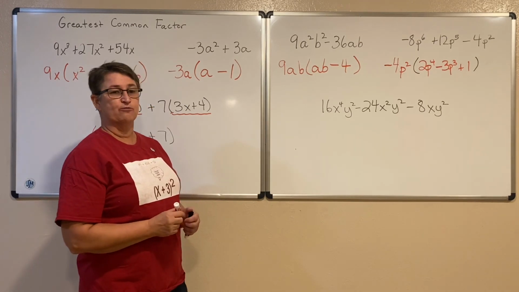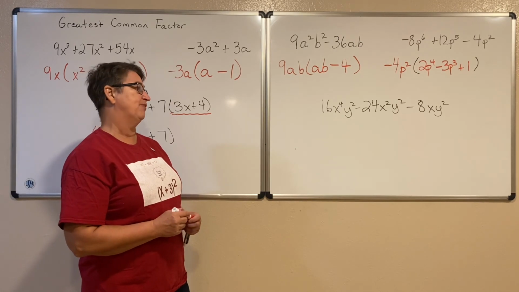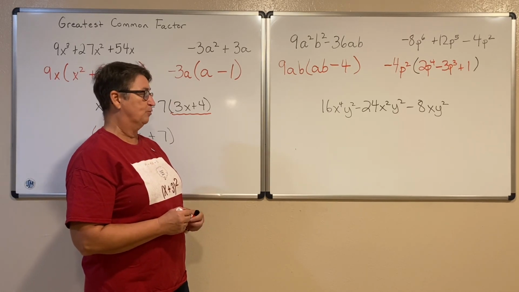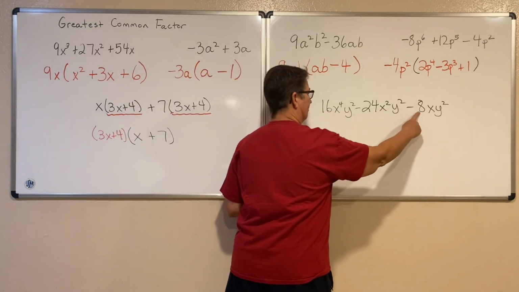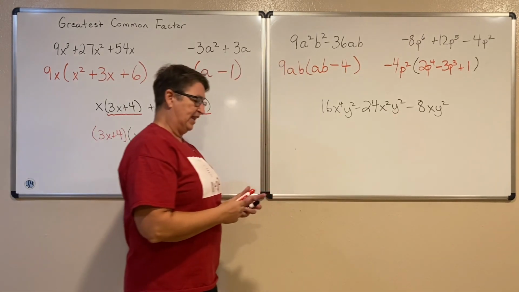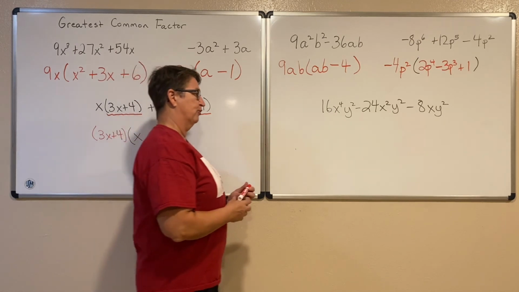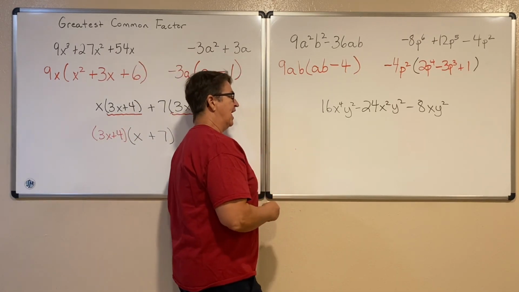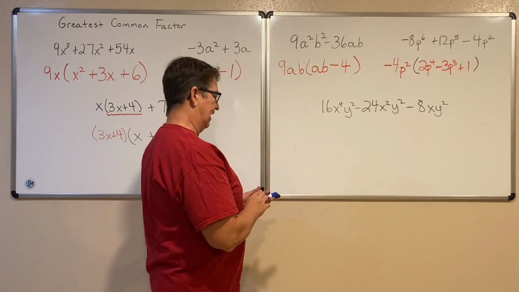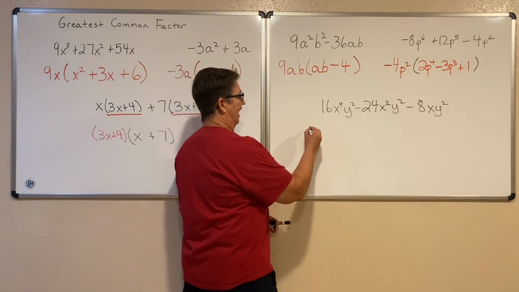Okay, we want to look for the greatest common factor, the biggest number that goes into both of them. First, I'm going to look at my numbers, my coefficients, and I notice that 8 can go into all 3 of those numbers. So I'm going to start by taking out an 8, or factoring out an 8.